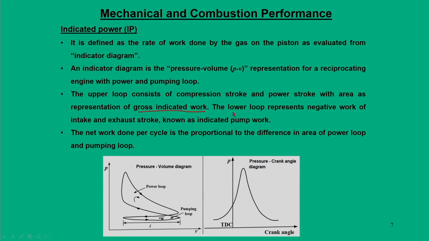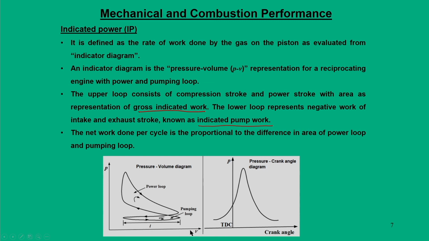The lower loop is known as the pumping loop, and it is negative work, which we call the indicated pump work. So, the net work per cycle is proportional to the difference in the area of the power loop and the pumping loop.